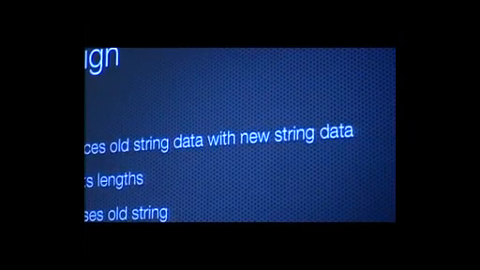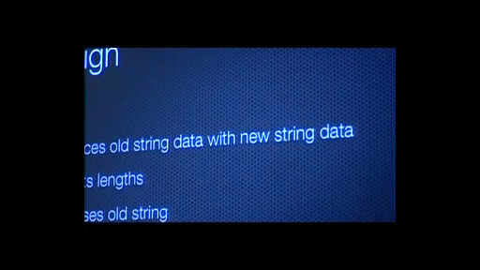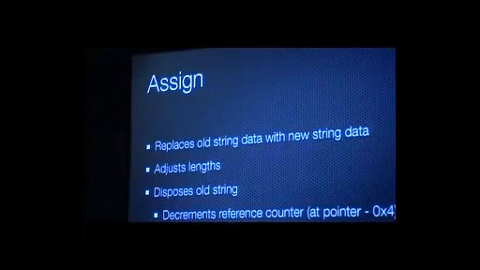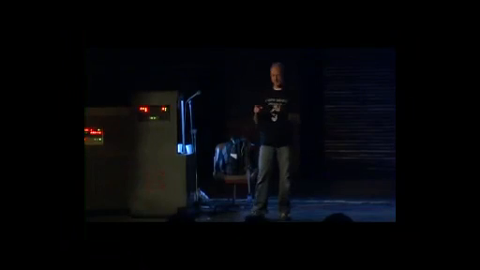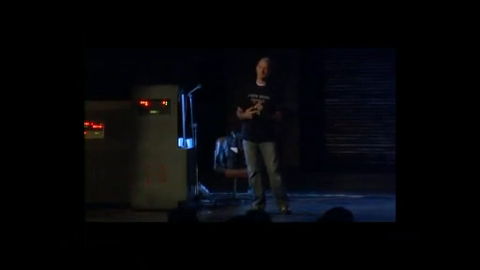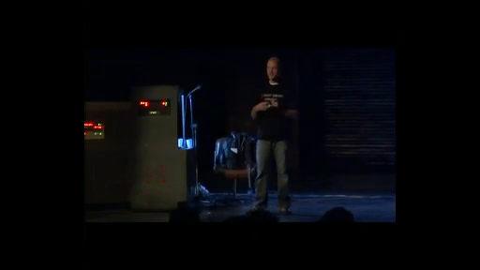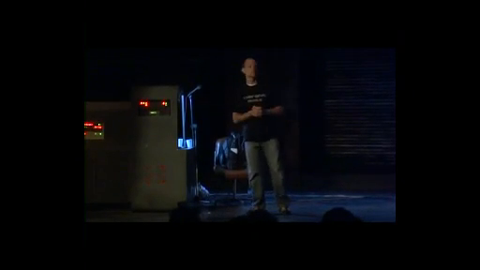So it replaces the old string with a new string, adjusts some lengths, and then gets rid of the old string. What this really boils down to at the assembly level is it thinks this is a pointer to a C++ string, even though it's not in this case. There's some reference counter in the structure that it decrements, and then it frees the actual data that goes with it.